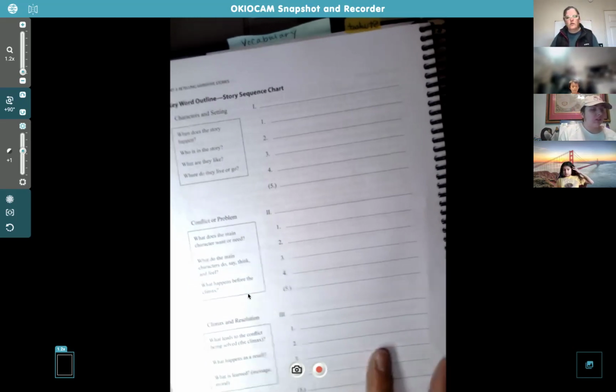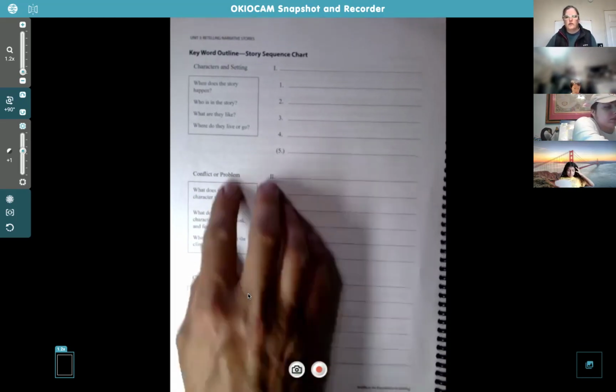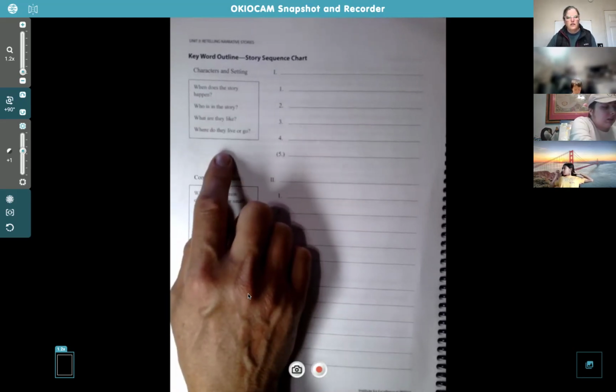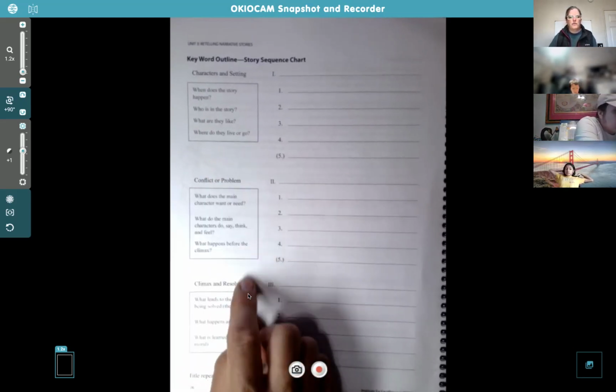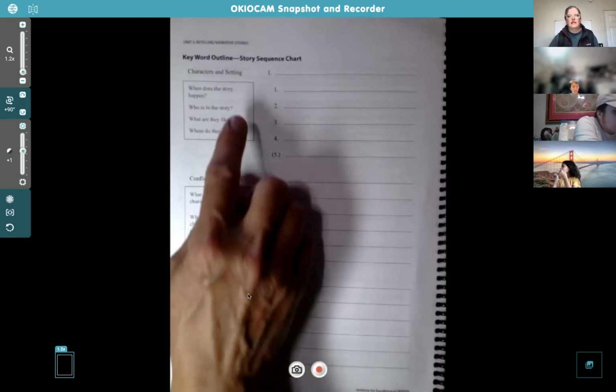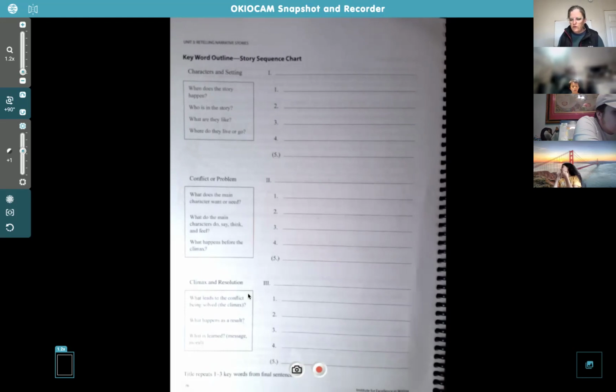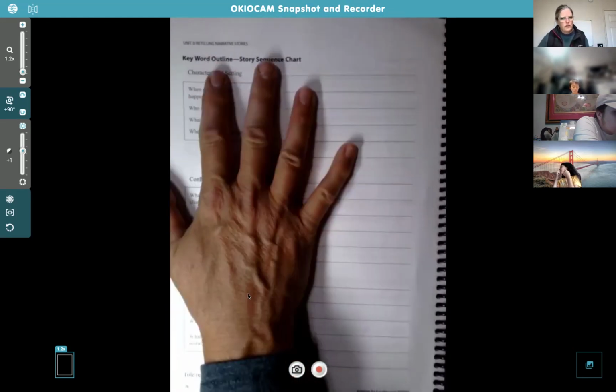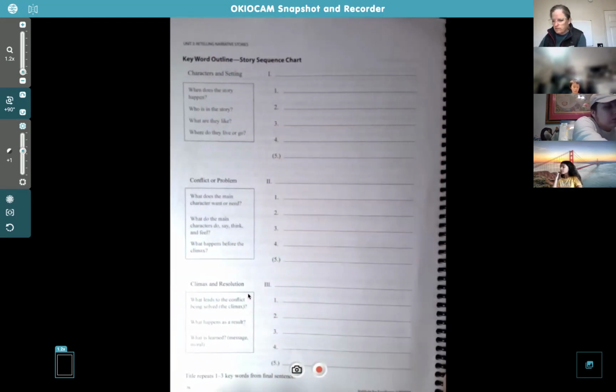But remember, the story sequence chart has a sequence to it. We start with the characters and setting, then we move into the conflict and the problem, and then the climax and the resolution. And it's really nice and handy that they have these questions listed here for you. So you can use those as you're filling in the details.